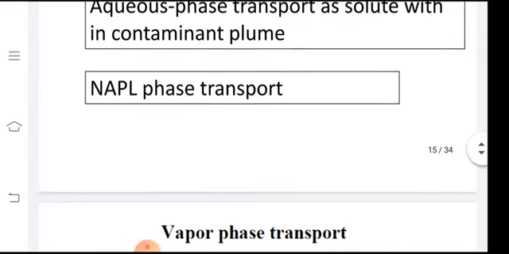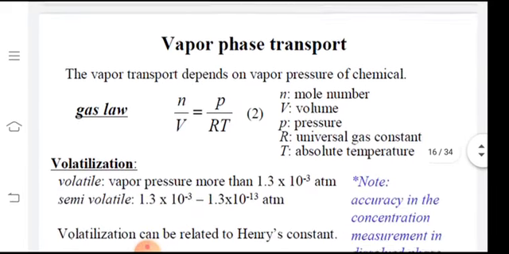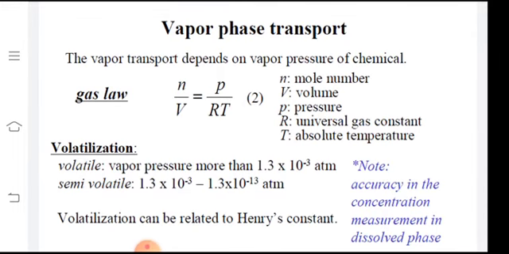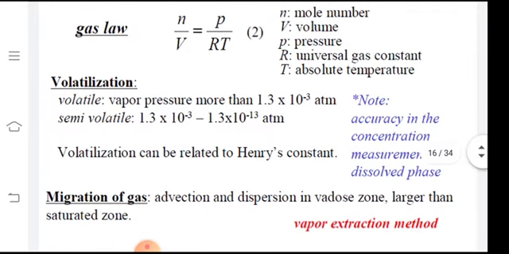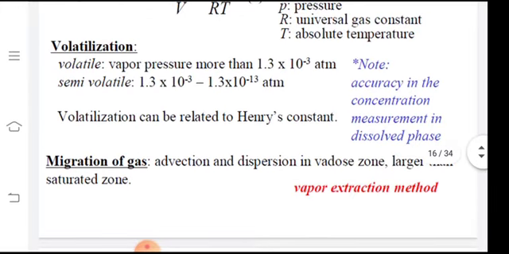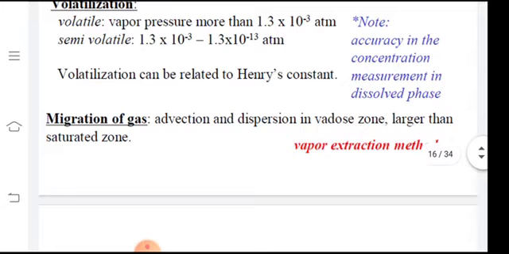So let's go through these phases. Vapor phase transport normally follows the gas law, as we talked about earlier, with volatilization, vapor pressure more than atmospheric pressure, and semi-volatiles having this much pressure. And Henry's constant can relate to volatilization. All these things are migration of gas, with advection and dispersion in the vadose zone larger than in the saturated zone, of course, because we have more voids available in the vadose zone.